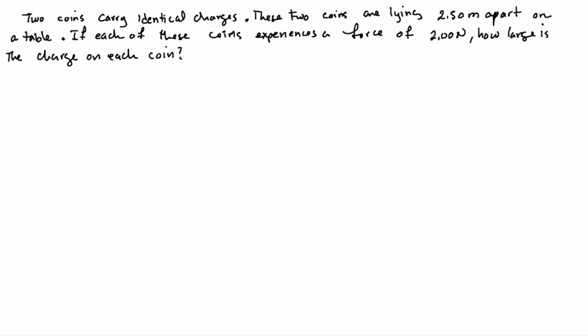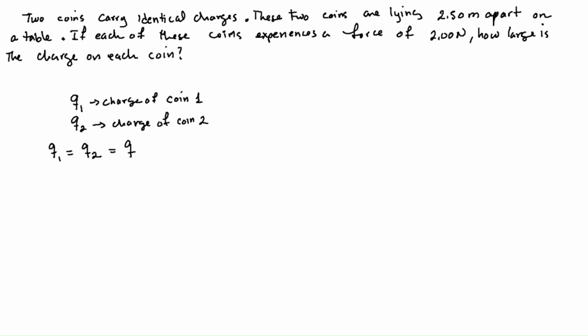They say that the two coins carry identical charges, so we say that Q sub 1 is the charge of coin 1, and Q sub 2 is the charge of coin 2. So the charge of coin 1 is equal to the charge of coin 2, and we say that it's equal to Q, right? Now, we don't know if the charges are both positive or both negative.